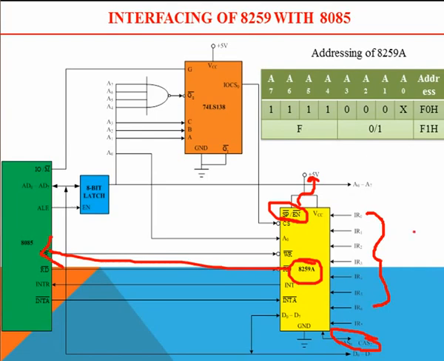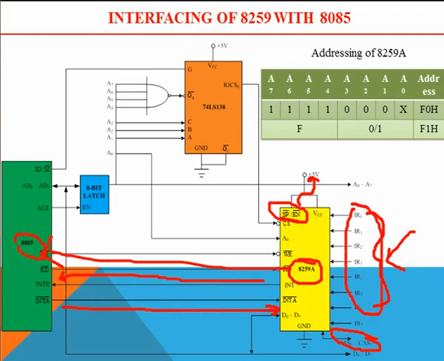If any interrupt appears at any of the interrupt pins, then 8259 will send an interrupt request signal INT to the INTR pin of 8085. Further, after execution of the current instruction, 8085 will send an interrupt acknowledgement signal INTA to the INTA pin of 8259 and start processing the interrupt operation.